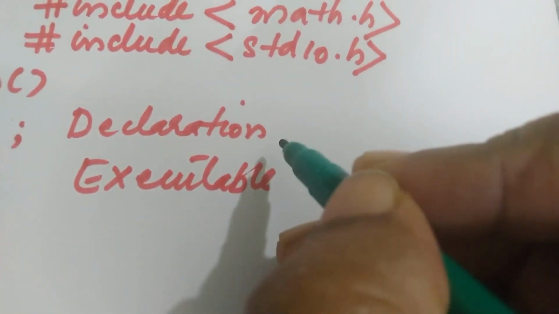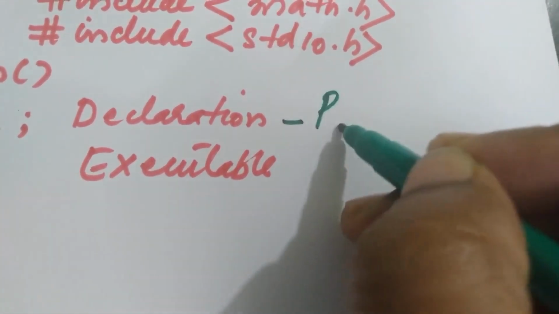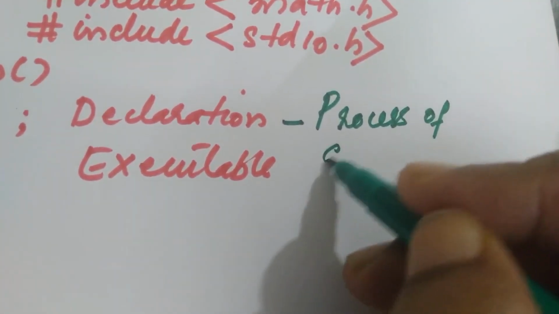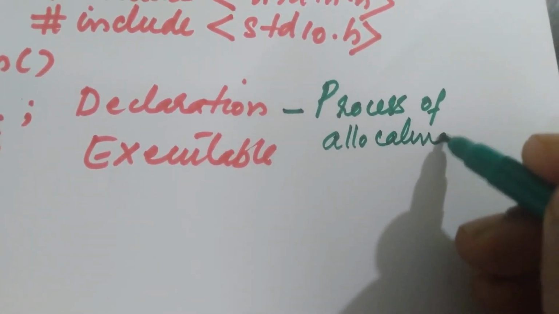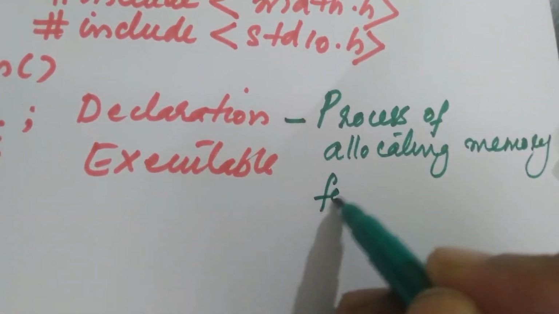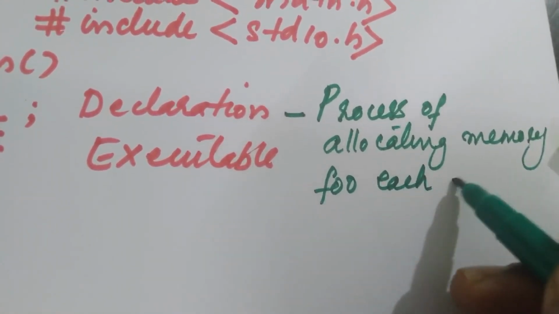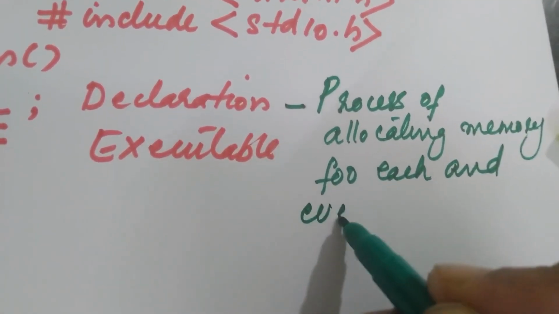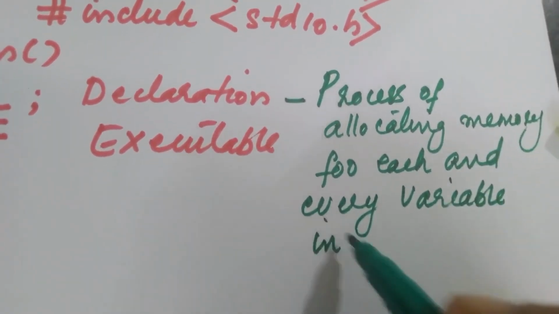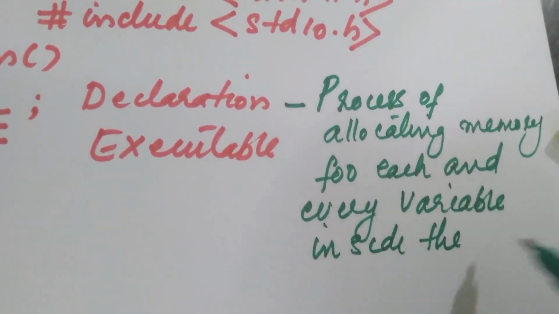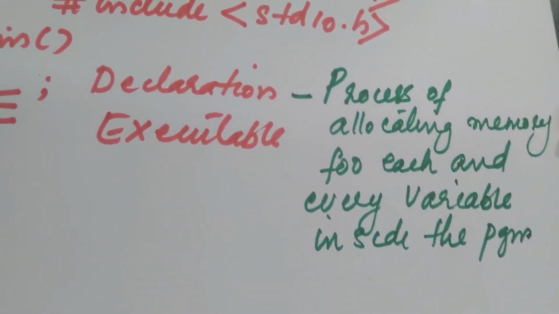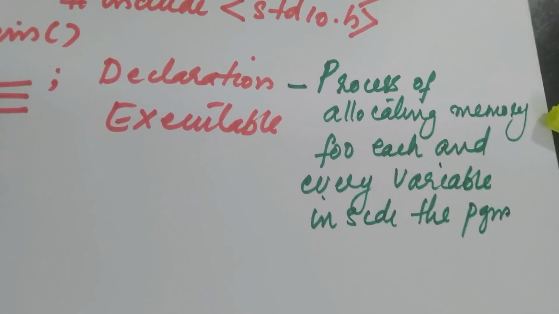Declaration can be defined as the process of allocating memory for each and every variable inside the program. So this is the definition of declaration. Declaration is a process of allocating memory for each and every variable inside the program.